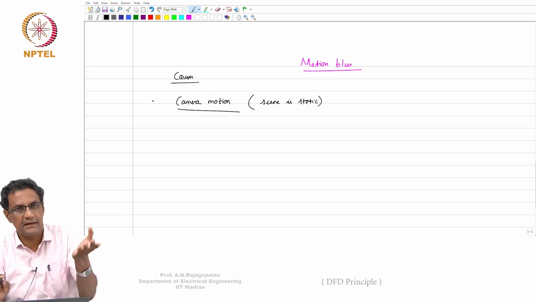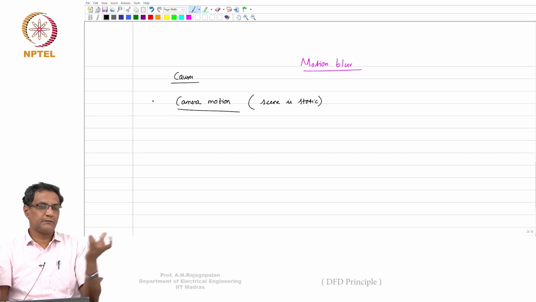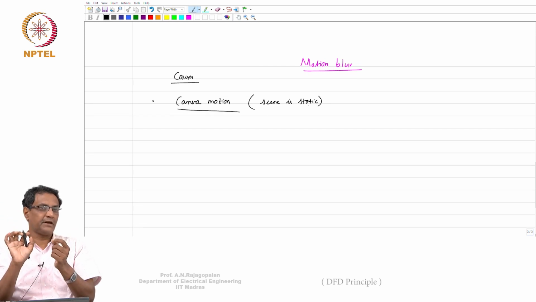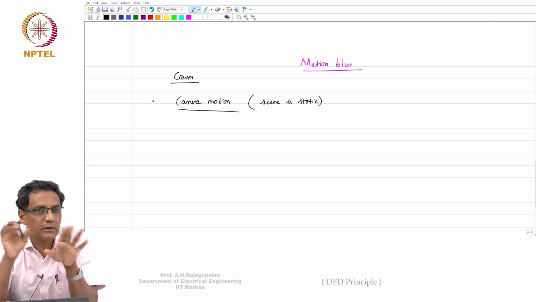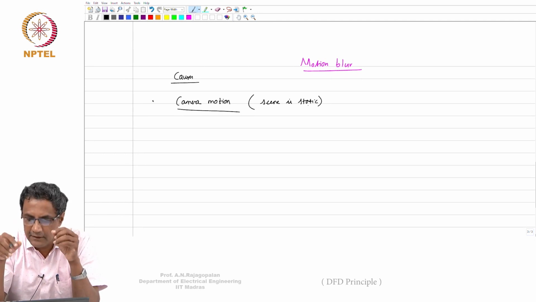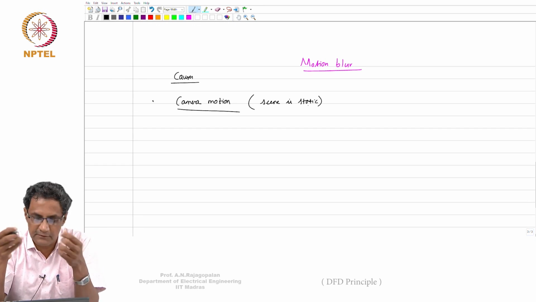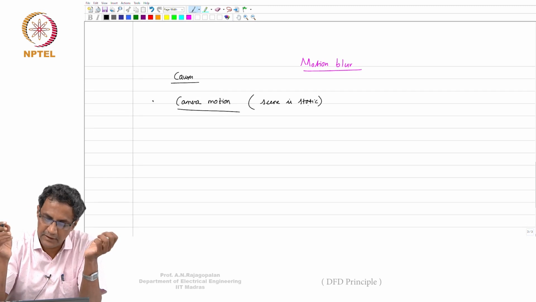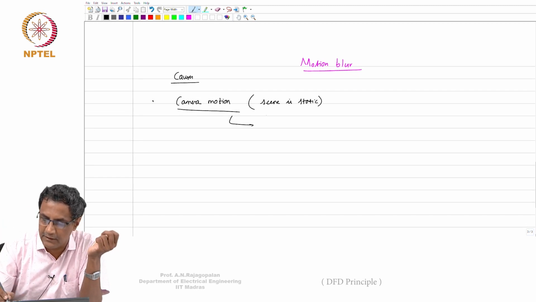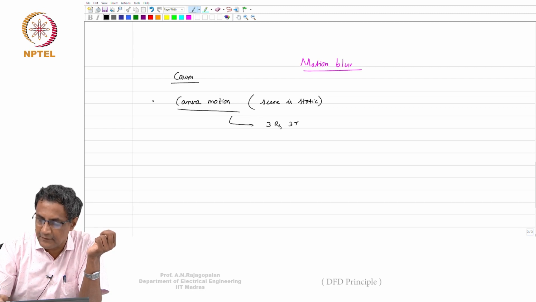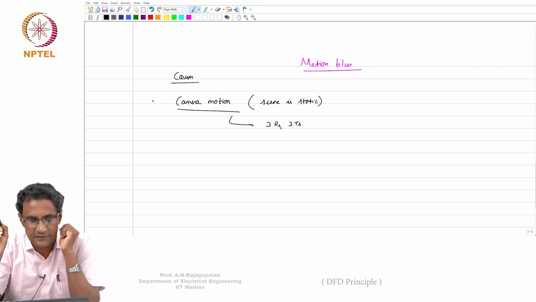You assume that the scene is static, like for example this class, and then I take a camera and for some reason my hands are not stable and there is a shake. So you will see that all over the image there will be some blurring, and depending upon what kind of motion my hands incur, what you will see as blur will also change across the image. So the scene is static, so camera motion can be full blown, in the sense that three R's and three T's, three translations, three rotations.